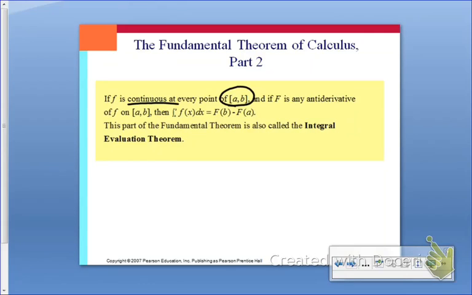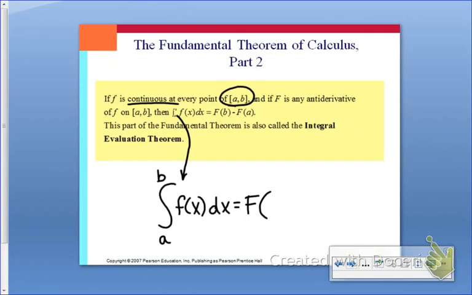And the integral, I'll write this bigger so you can see it, from a to b of the function is the antiderivative evaluated at b minus the antiderivative evaluated at a.